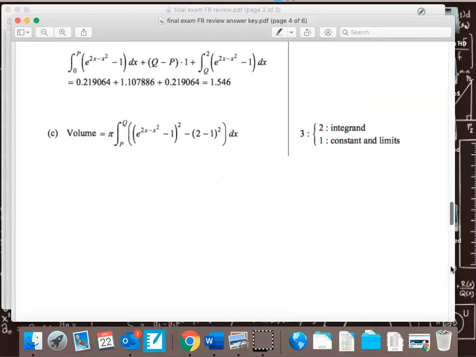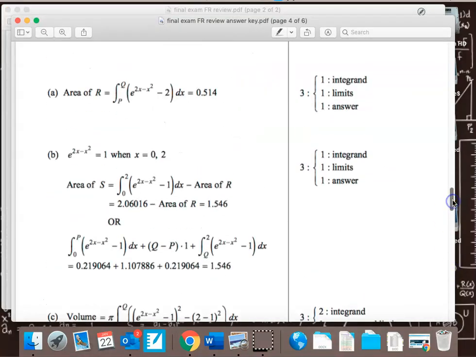So for that, they put both ways in the scoring guidelines. You have the integral of the whole region, e to the 2x minus x squared minus 1 from 0 to 2, minus the area you got in part A, so you get 1.546, or you add all 3 integrals together, and then you get 1.546. So either way.